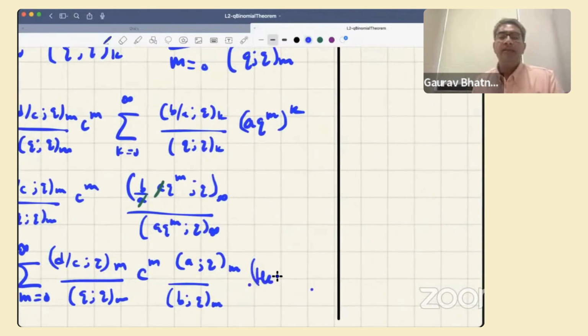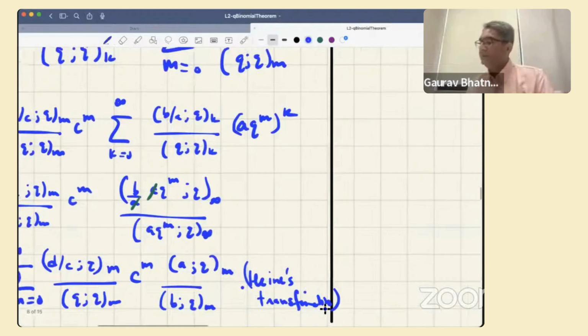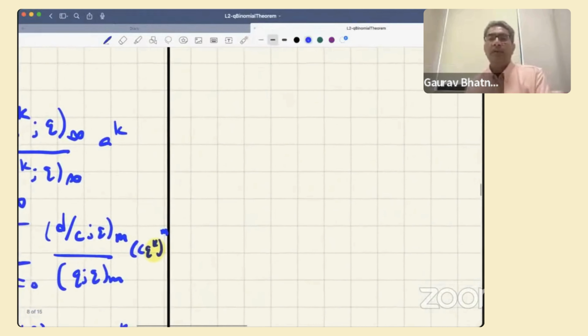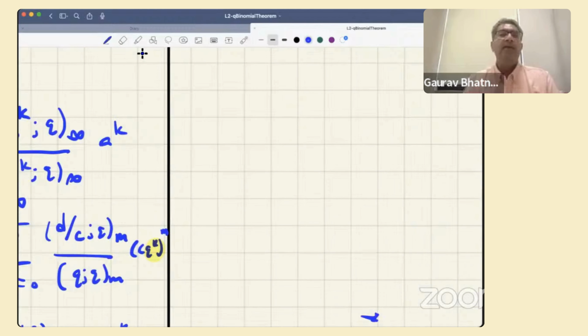This is called Heine's transform. Right. So I'll just rewrite it.